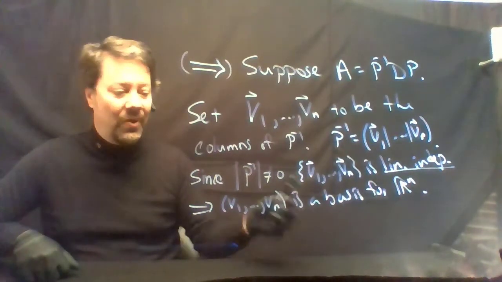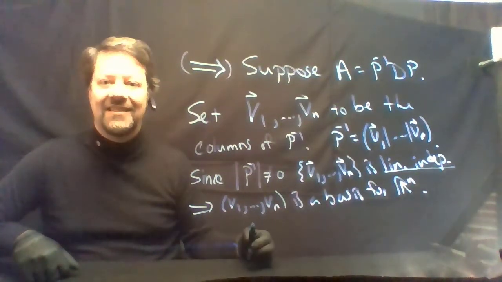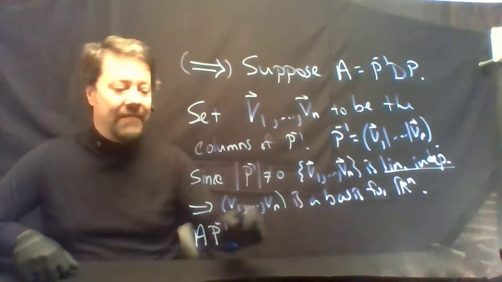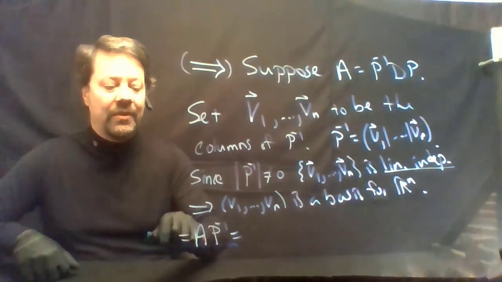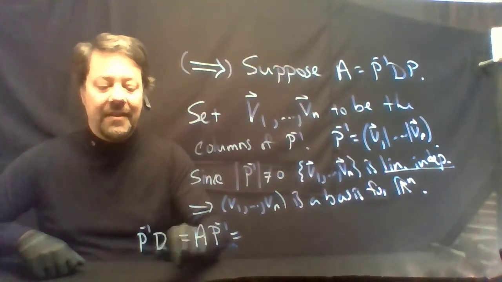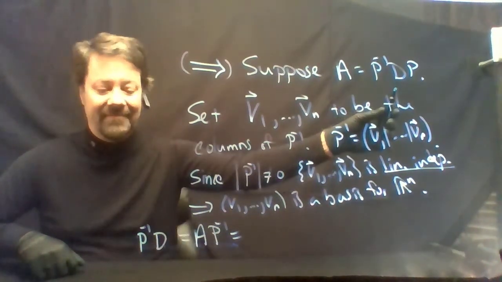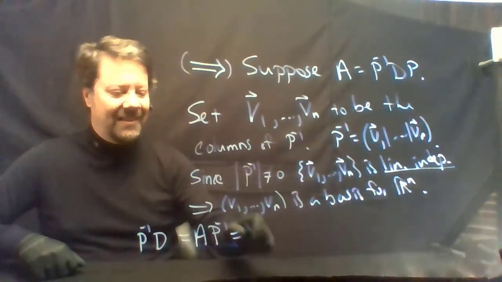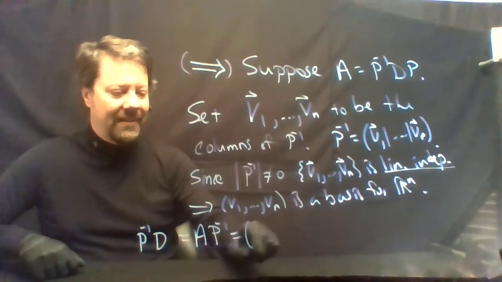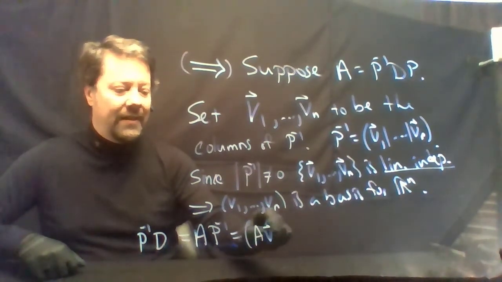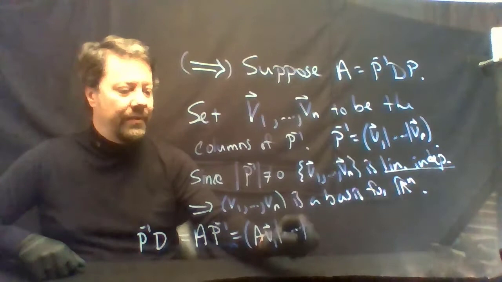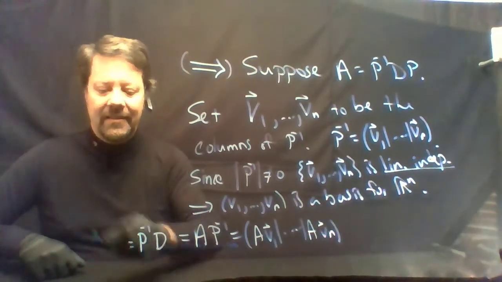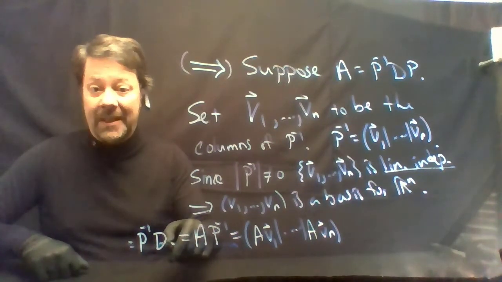We need only show that these are, in fact, eigenvectors. To that end, we'll look at A P inverse, which we know is equal to P inverse times D. Multiply both sides of this equation by P inverse on the right. Notice that what you get is Av1 through Avn. And on this side, what you get depends upon what D is.